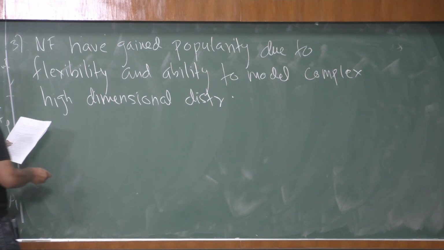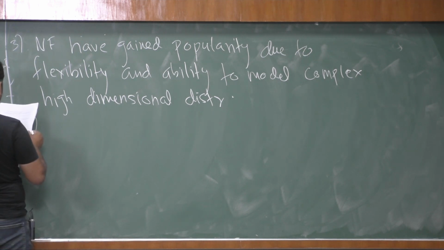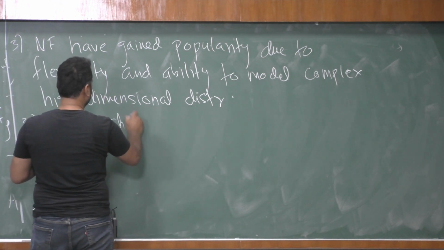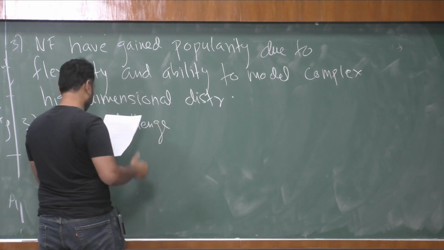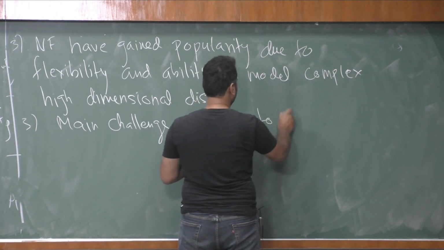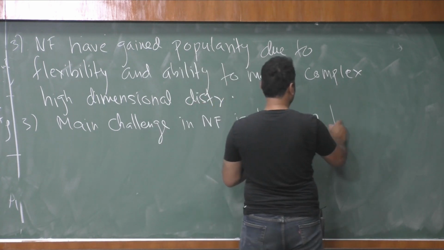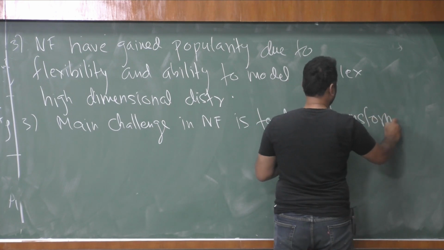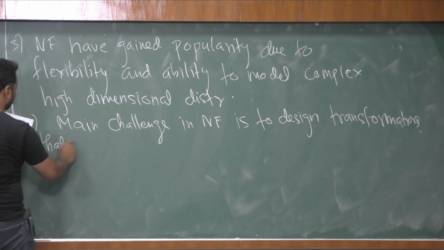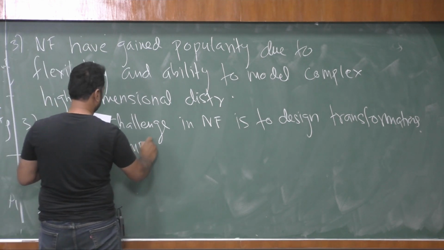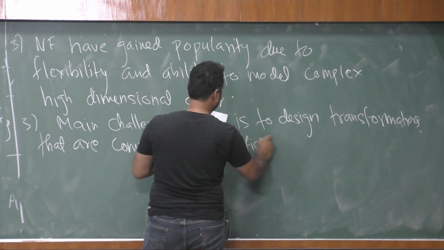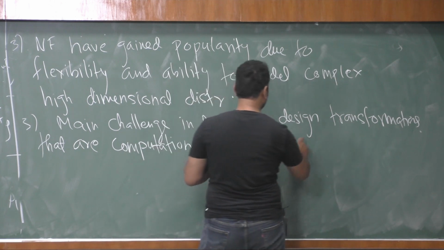So a popular approach, or the main challenge in normalizing flow, is to design transformations that are computationally efficient and can be easily inverted.